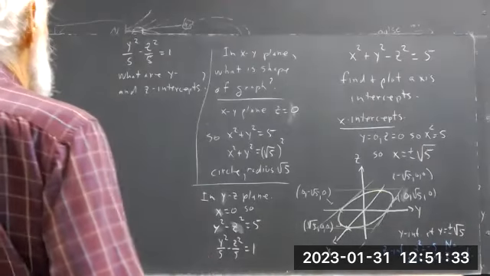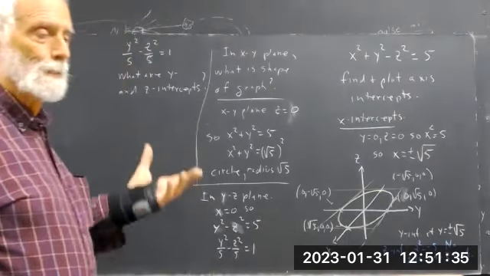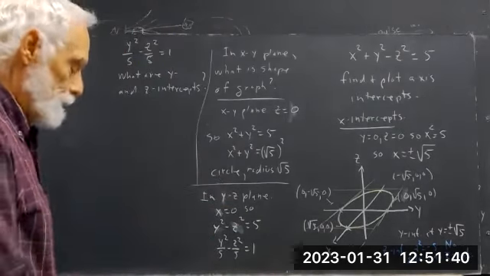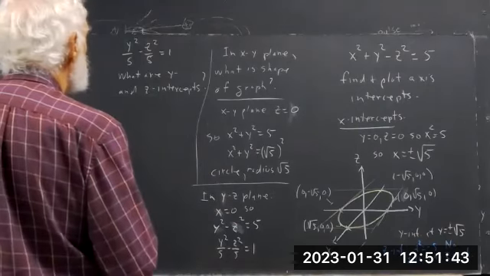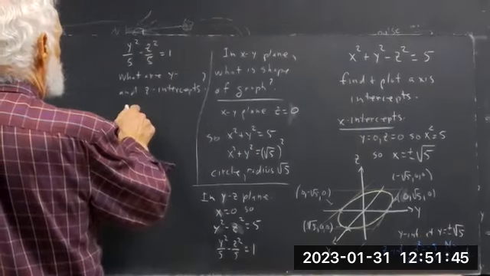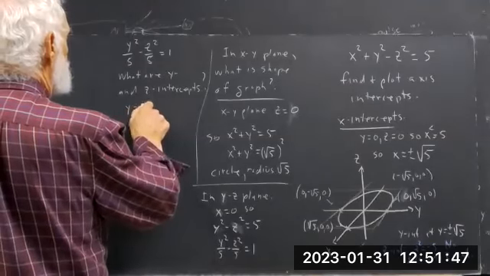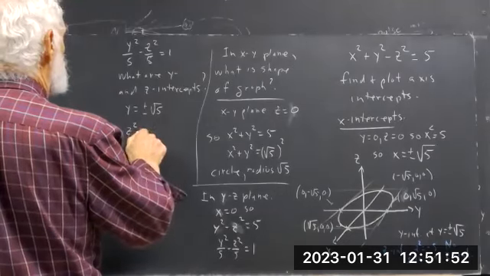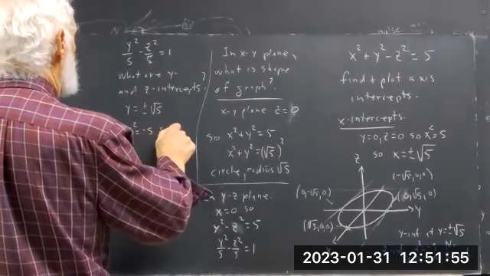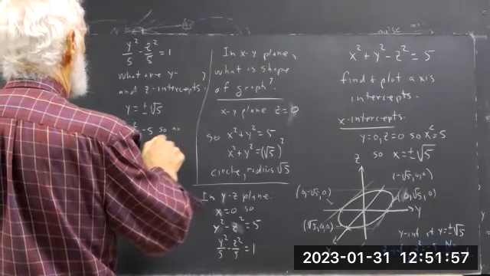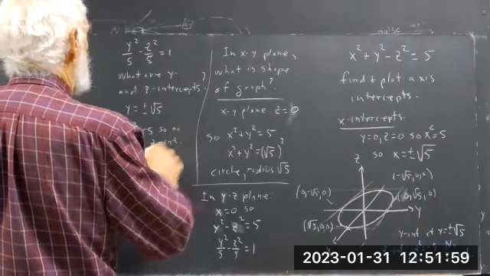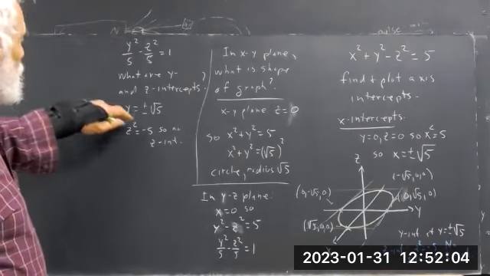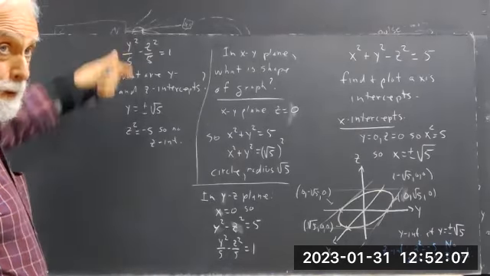Okay, there's actually no new information here, except that there's a connection. What you get is y equals plus or minus 5, straightforward, everybody got it.